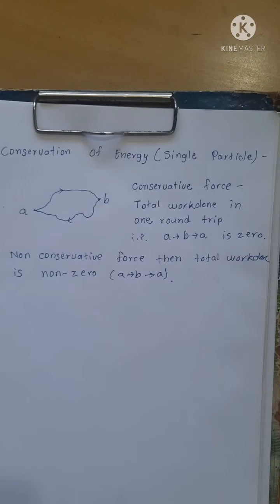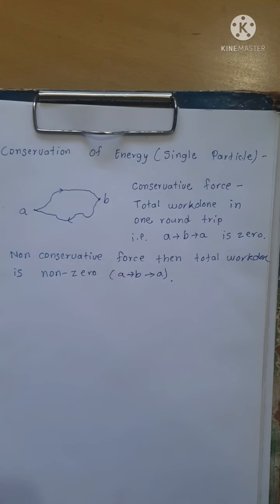Let's study the conservation of energy for a single particle. After some time we will study it for a system of particles. Now for a single particle, a conservative force, we know, is one where the total work done in one round trip is 0. That is, it doesn't depend upon the path followed.